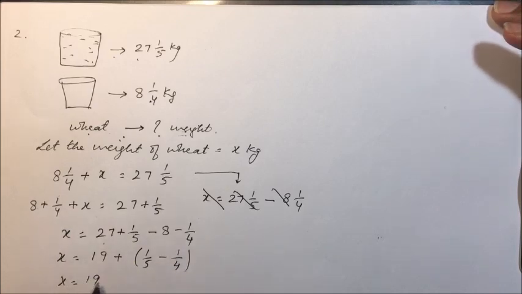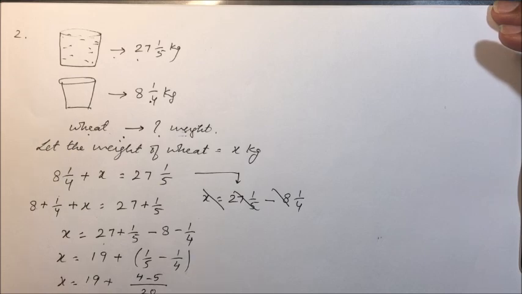X equal to 19 plus, take the LCM, it will be 20. Here it will be 4 minus 5. X equal to 19 plus minus 1 upon 20. X equal to, take the LCM, it will be 20. 19 twenties are 380 minus 1.